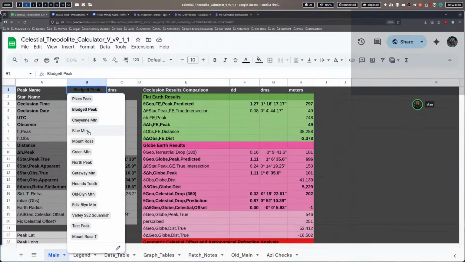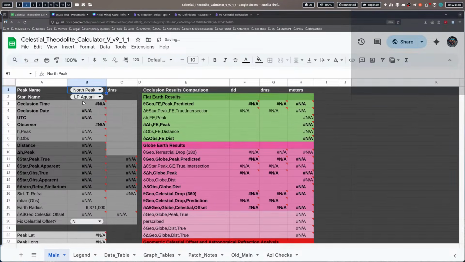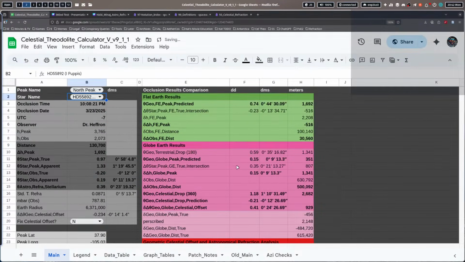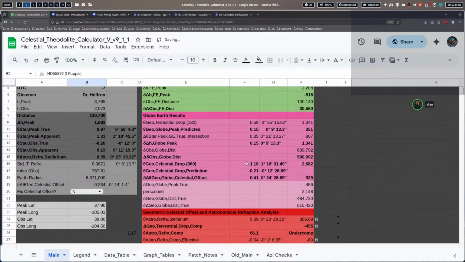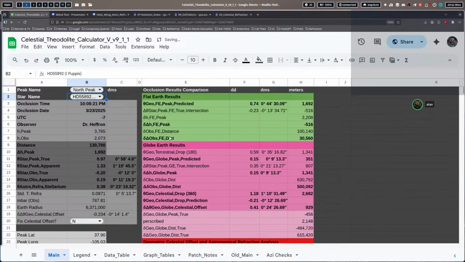And then we'll do, let's see, North Peak. So here we have another instance, that rare case where they undercompensated. So this was the longest distance here. This was 130 kilometers. And the drop over distance for this is 1,340 meters. The refraction amount that they say existed is 23 arc minutes.